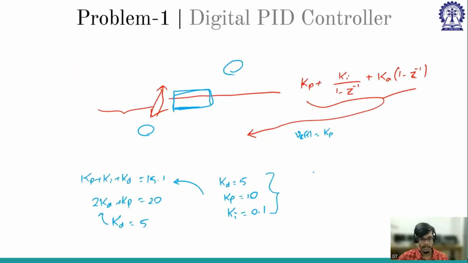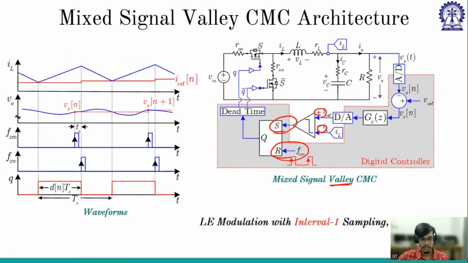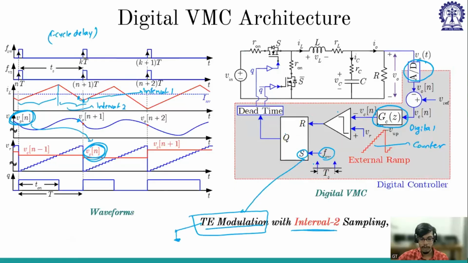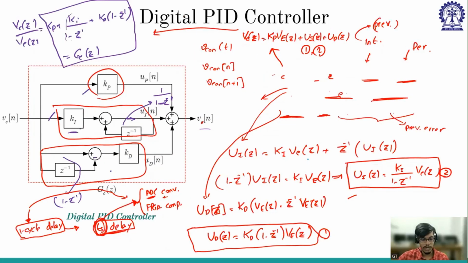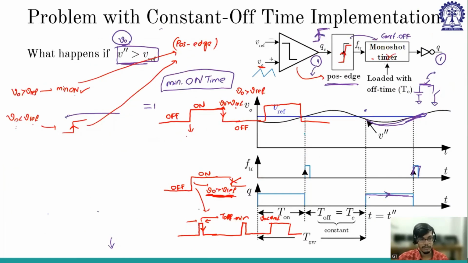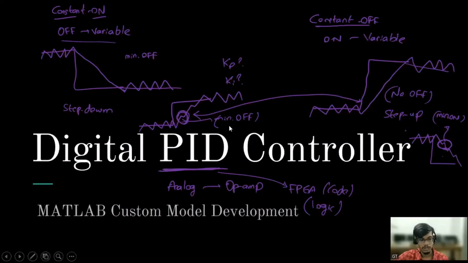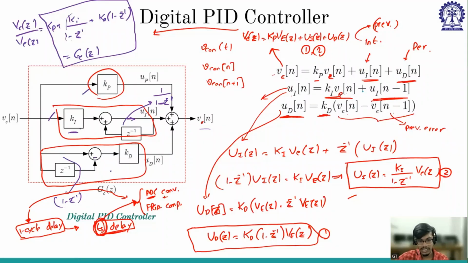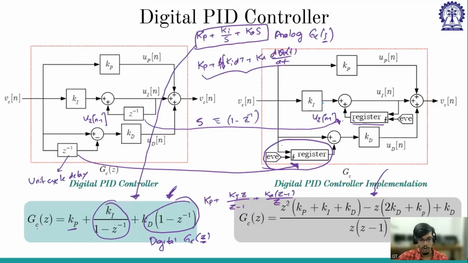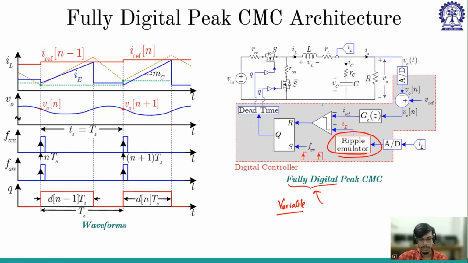Let me go back to the digital controller. If you consider my digital controller expressions, I am not considering that time period T term here, right? That T term is already embedded in this KI. Whatever KP, KI, KD we are considering already has those terms.